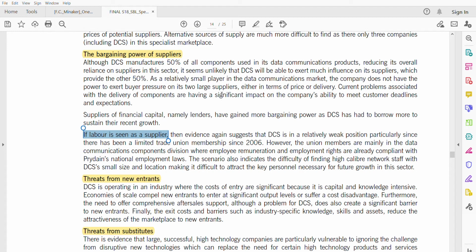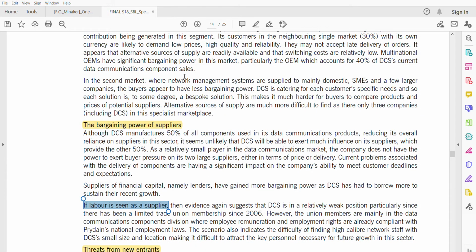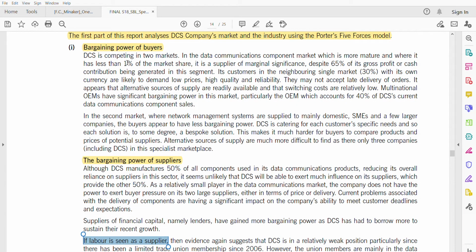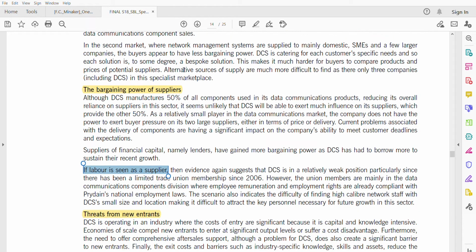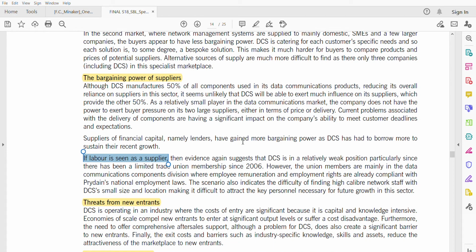Because just go and see, the requirement is for 15 marks and they have told one mark for 1 point. So if you're including 3 points under each, okay, there are 5 factors, and under those 5 factors you include 3 points under each, so 3 into 5 will add up to 15 marks. Okay, so if labor is seen as a supplier, how can labor be seen as a supplier?